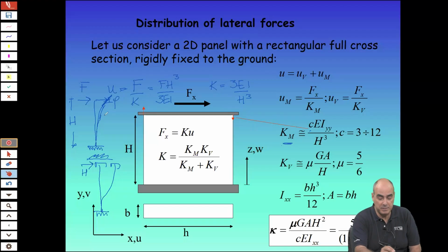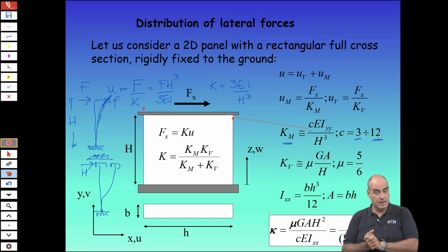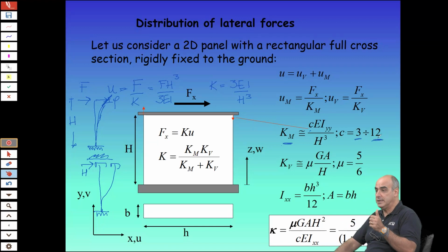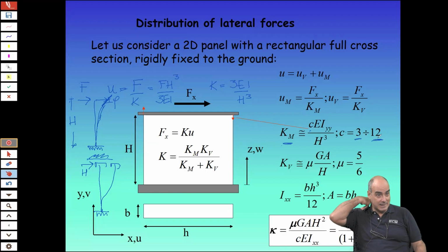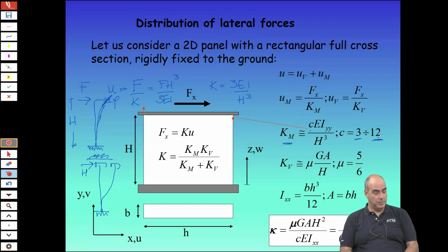So if it would be a cantilever, this number will be 3. If it's this one, that number is 12. So the first thing that we have to consider is that we tend to idealize, to model, to design our shear walls as cantilevers, but consider that they have a rotational restraint at the top. So their stiffness is not 3EJ over H cube, but tends to be closer to 12EJ over H cube.